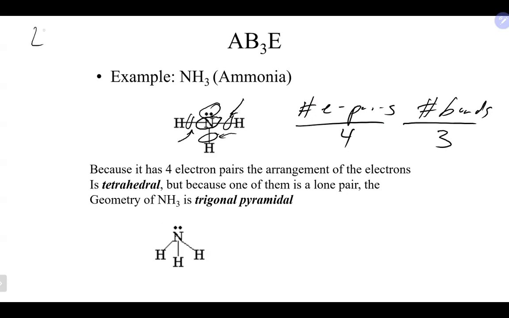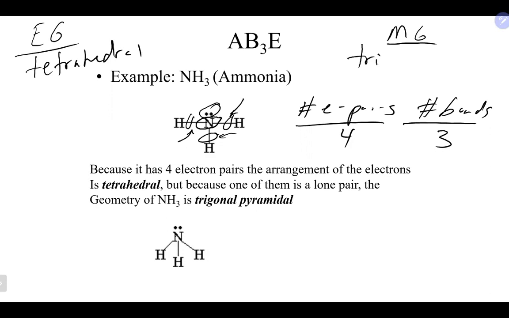Something with 4 electron pairs, the electron geometry is still going to be tetrahedral like it was before. Because we're missing that fourth bond here, the molecular geometry becomes something known as trigonal pyramid.